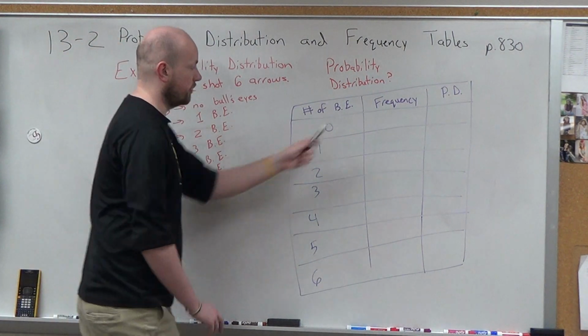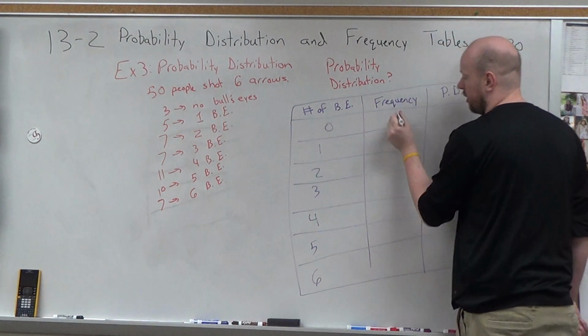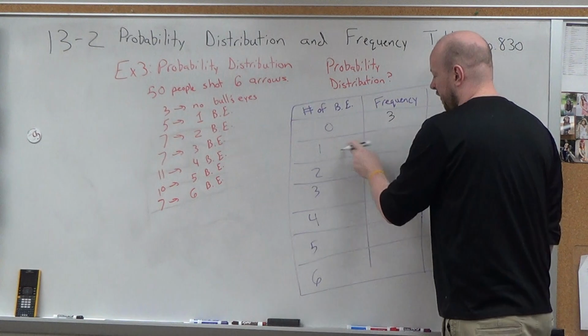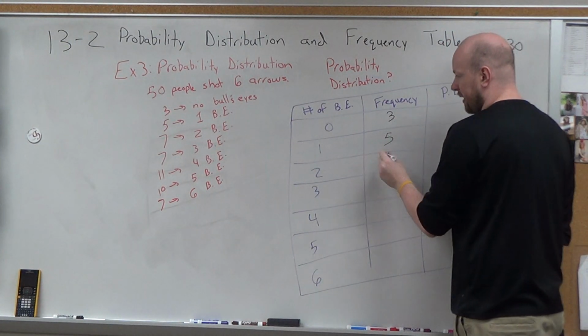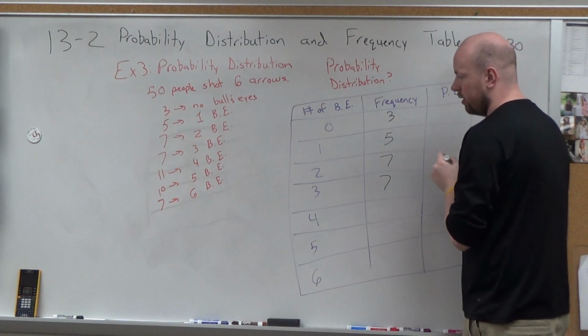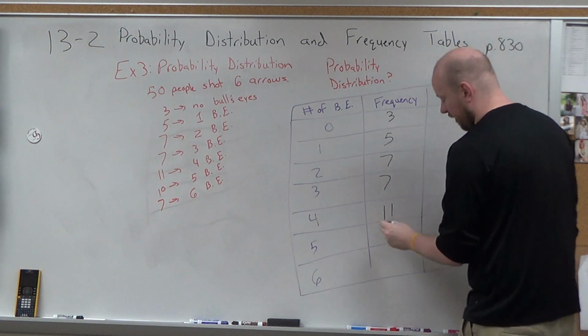Well, frequency, how many people hit exactly 0 bullseyes? Well, we said earlier that was 3. How many people hit 1 bullseye? That was 5. How many people hit 2? That was 7. How many people hit 3? That was also 7. How many people hit 4? That was 11. How many people hit 5? That was 10.